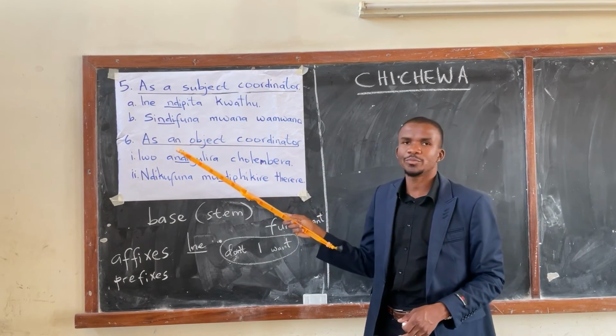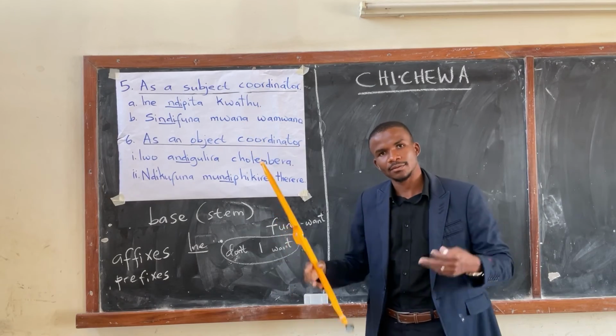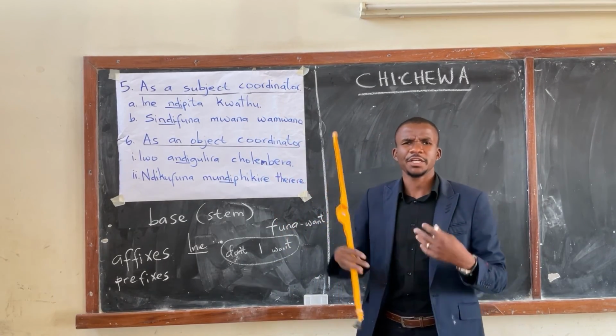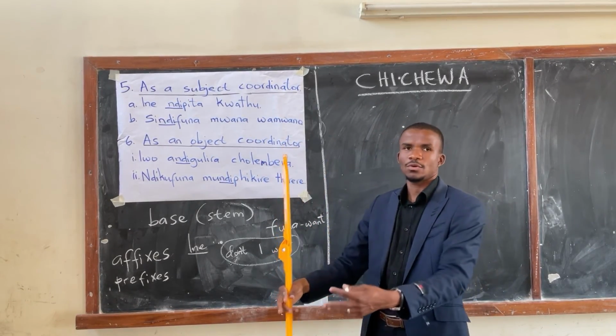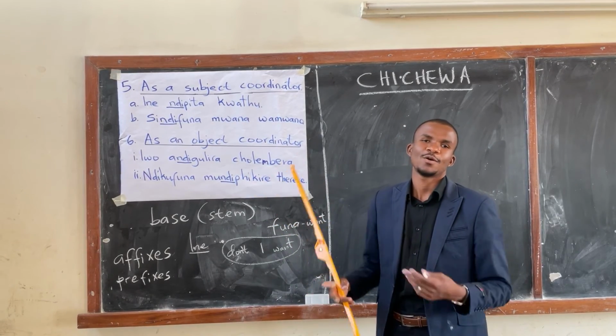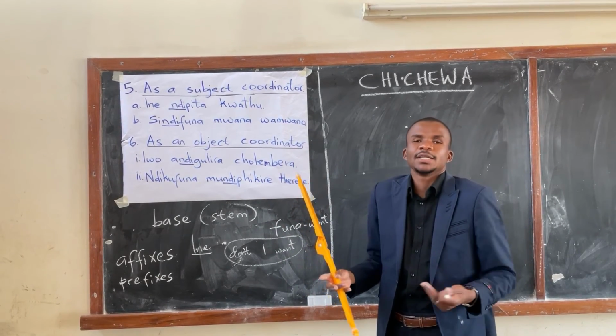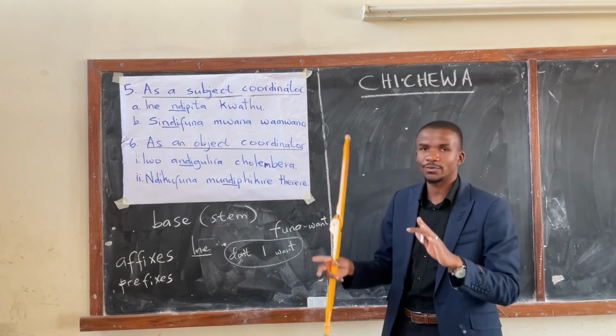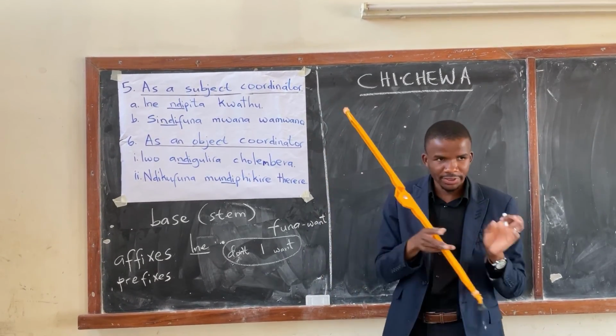So the subject can be omitted and the sentence will still make sense. You can say ine sindifuna mwana wa mama, or you can just say sindifuna mwana wa mama. And in Chichewa, it makes complete sense without the subject written overtly.